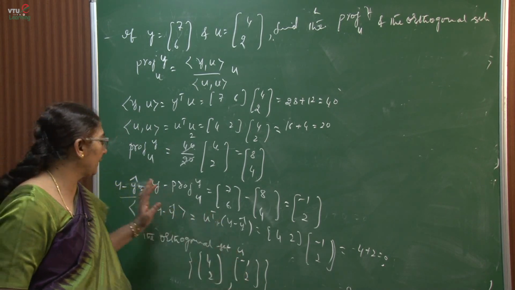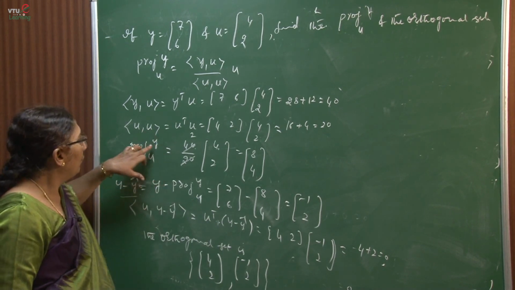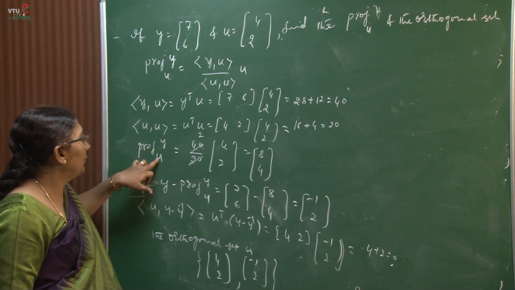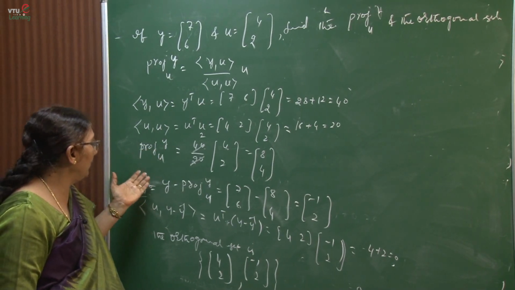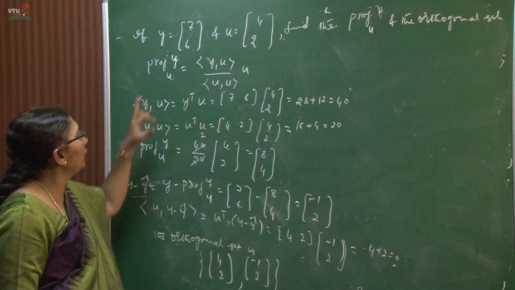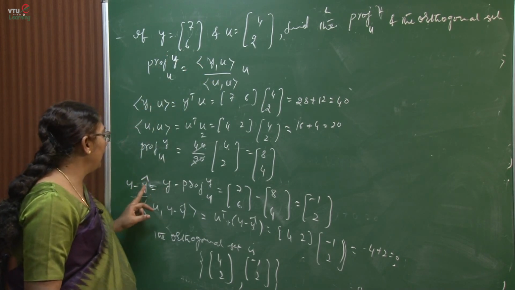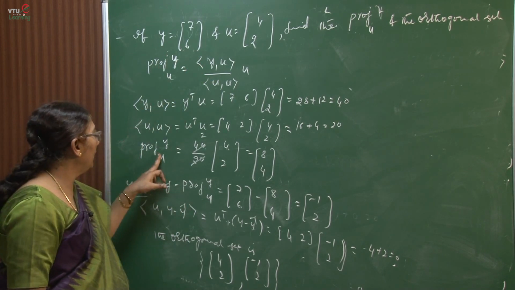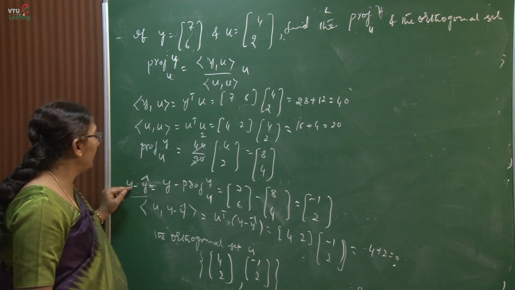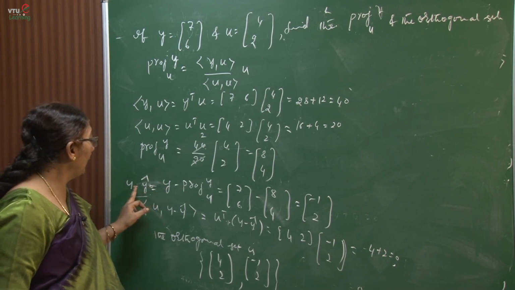If you want to find an orthogonal set, you take the component of y orthogonal to u, and the inner product of that component with u must be 0. It is enough to find y minus y cap, the component of y orthogonal to u.